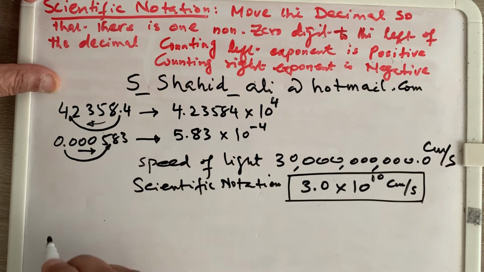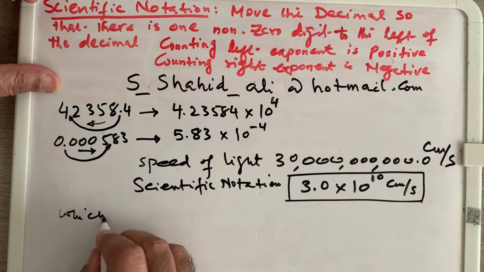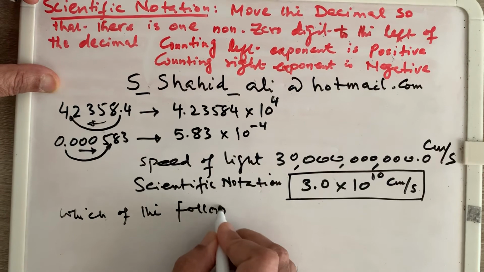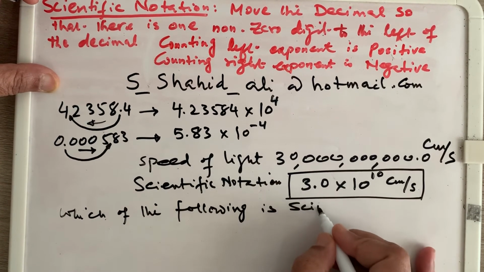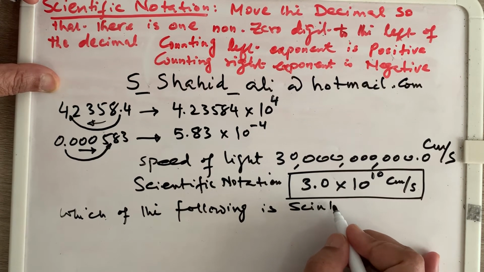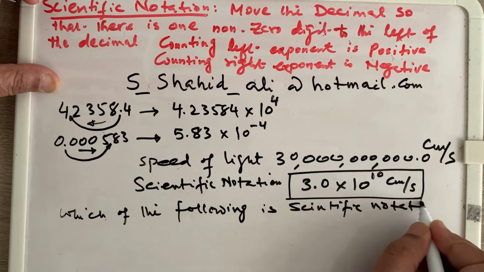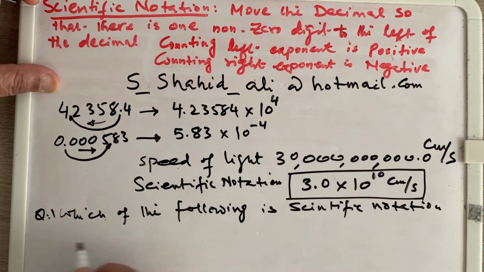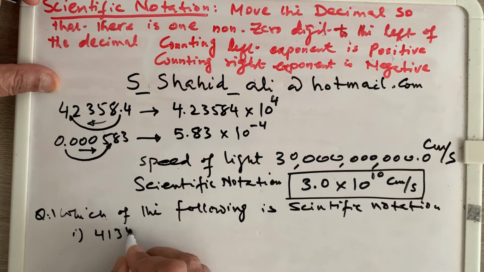So one of the questions asked: which of the following is a scientific notation? In exams, such a question asks which of the following is scientific notation, and there are a few numbers written underneath like this: 4, 1, 3, 4, let's say any number, right?